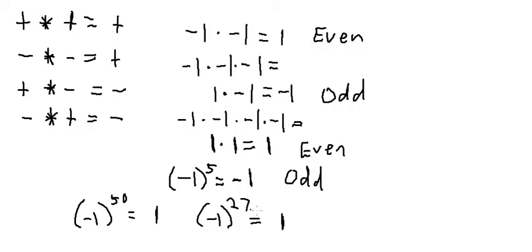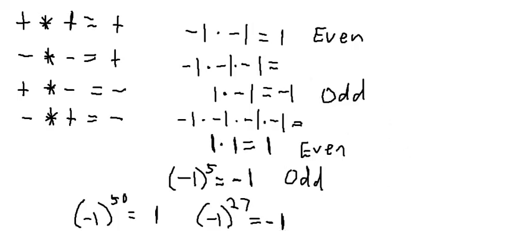It just keeps flipping back and forth, doesn't it? Well, 26 is an even number beforehand, so we'll have 13 pairs and 1 more left over, so this is going to be negative. So if we have an even number of negatives in our multiplication or division, then it's positive. An odd number is negative.